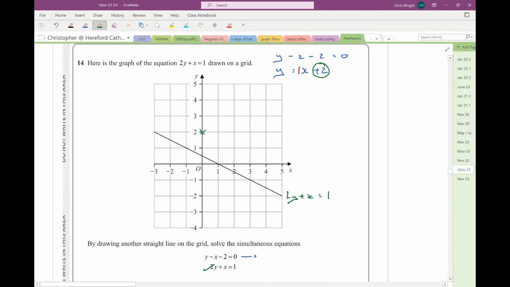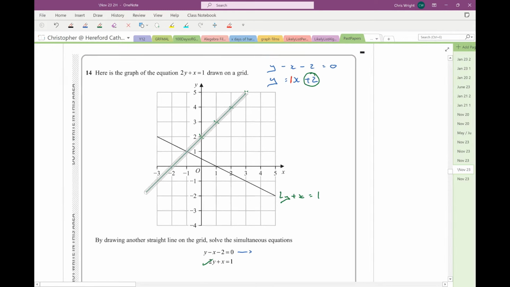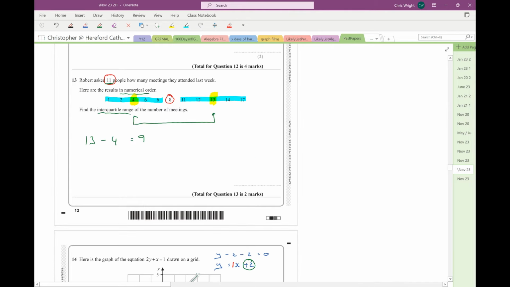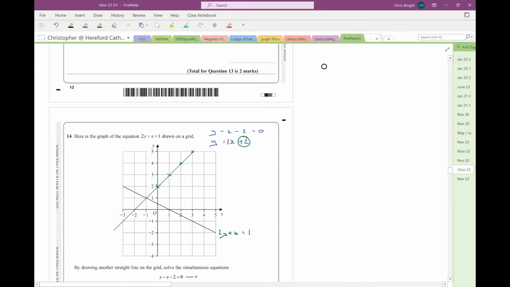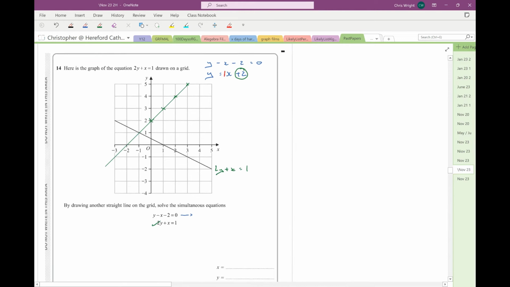Now, be careful with your scales, but actually this time there's no issue with the scales. So I'm going to go along 1 and up 1, along 1 and up 1, and so on. So there is the line which they've asked me to draw. And now I can read off the answer to the simultaneous equations, as that is where the two lines cross.